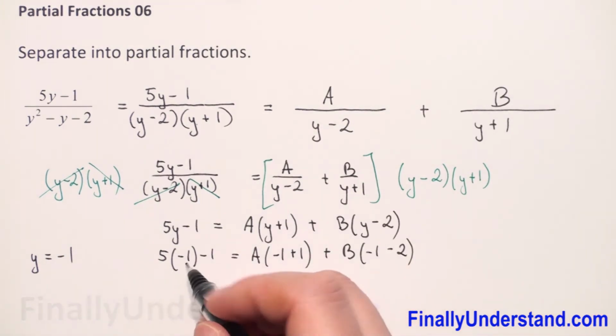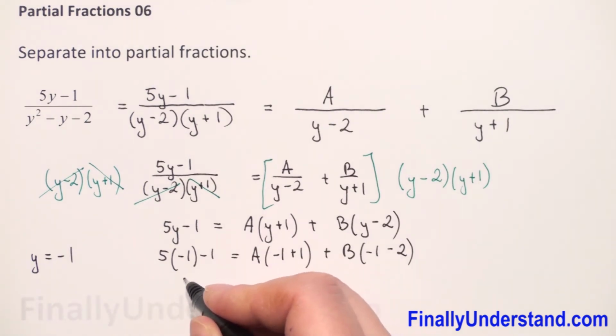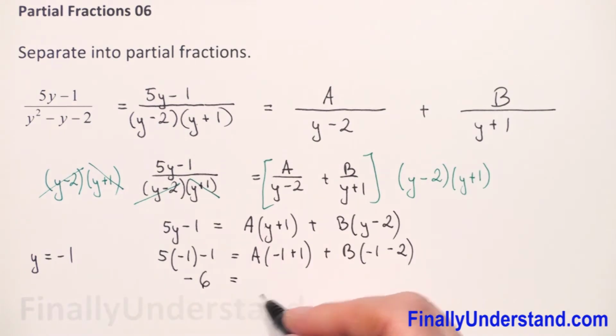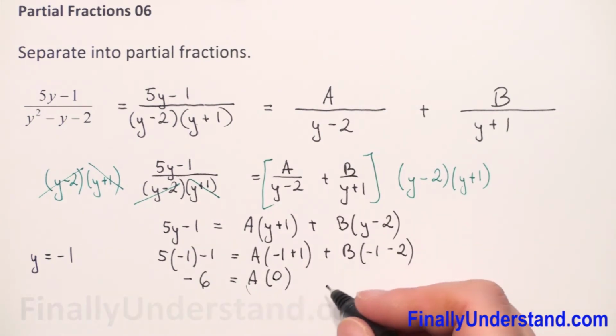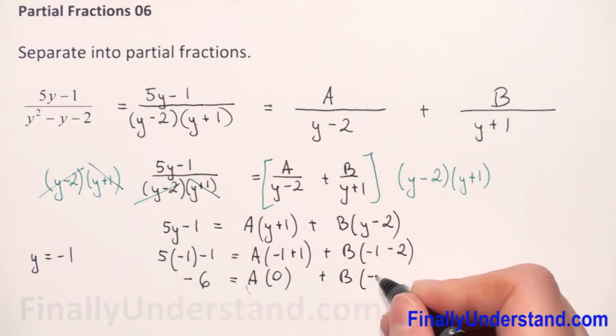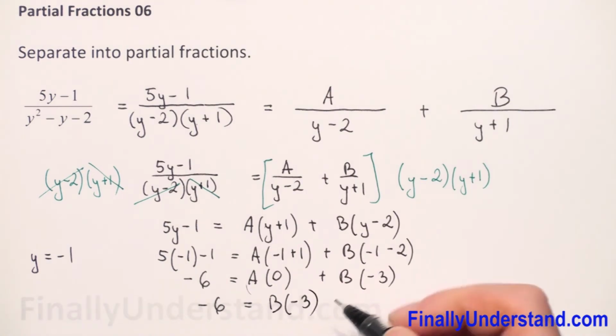And 5 times negative 1 is negative 5. And negative 1, so it will be negative 6. This is equal a negative 1 plus 1, like I said, will be 0. So a, we see that will reduce, plus b, and in parentheses we have negative 3. So we have negative 6 is equal b times negative 3.